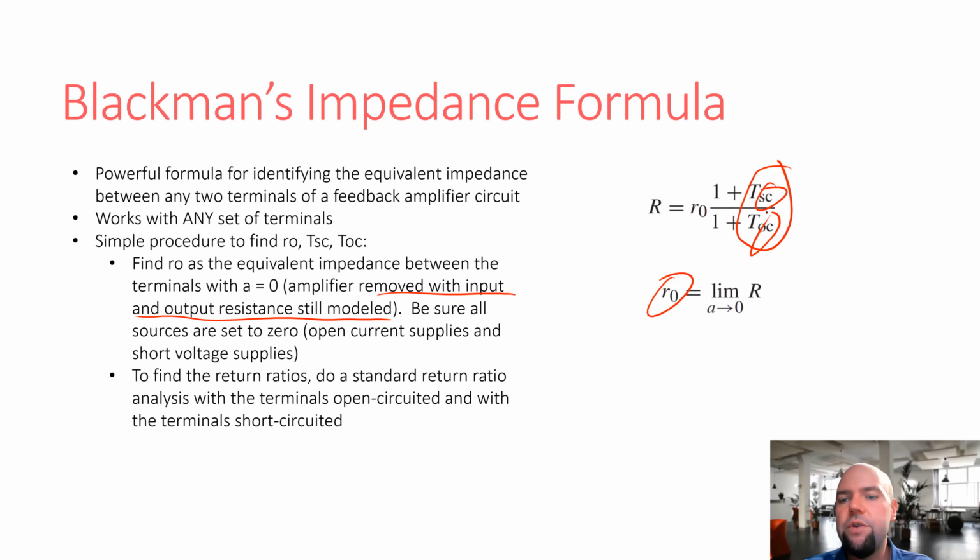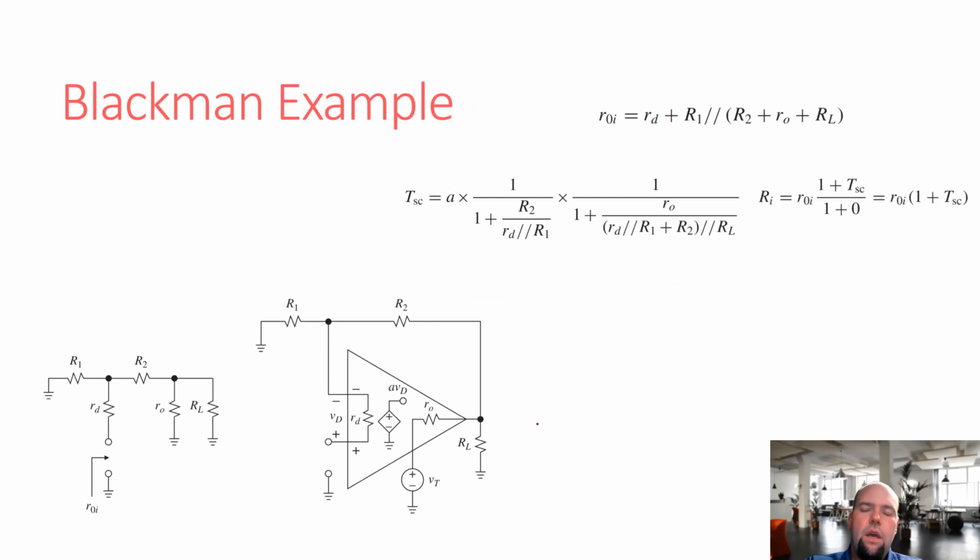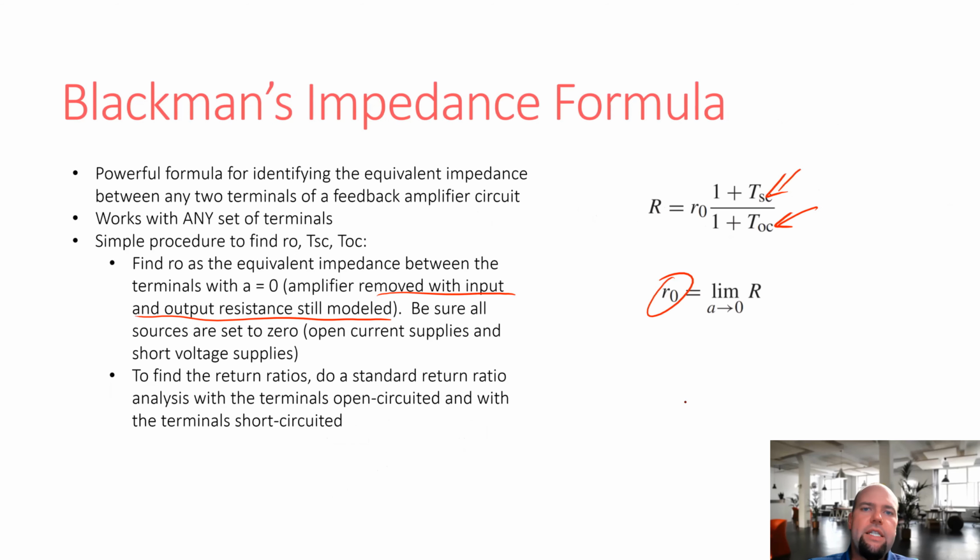A lot of times when you're doing this analysis, one of these terms is going to be 0. For instance, if you're doing the output resistance, almost always one of these terms is going to be 0, except for very exotic circuits. So let's do an example of using Blackman's impedance formula.